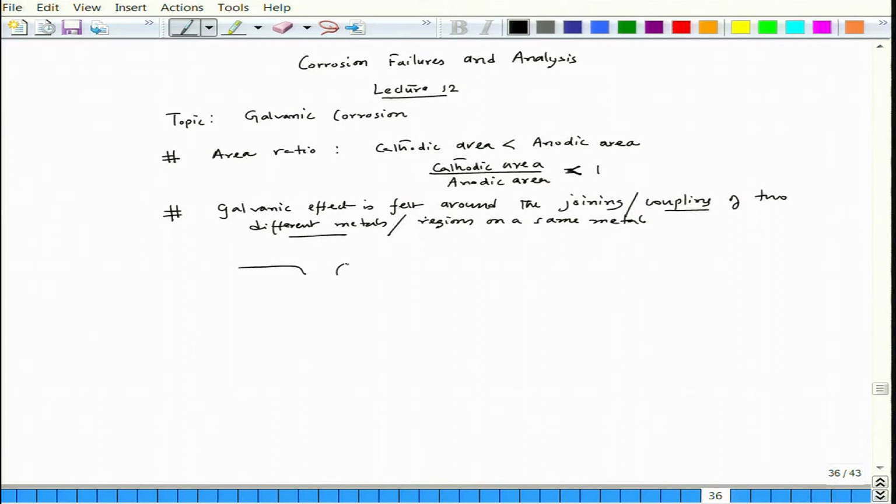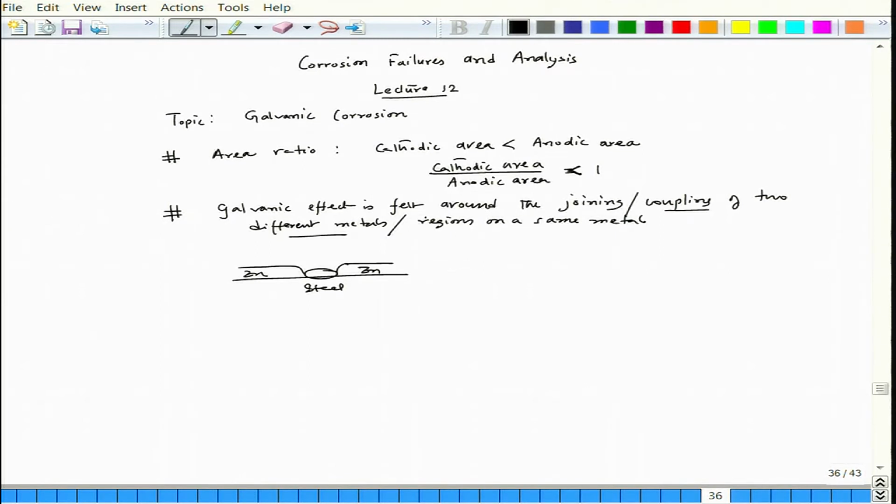If this is zinc, this is steel, if the area exposed to the environment is less for the cathode area, we do not have much dissolution of zinc, but still it gets protected.